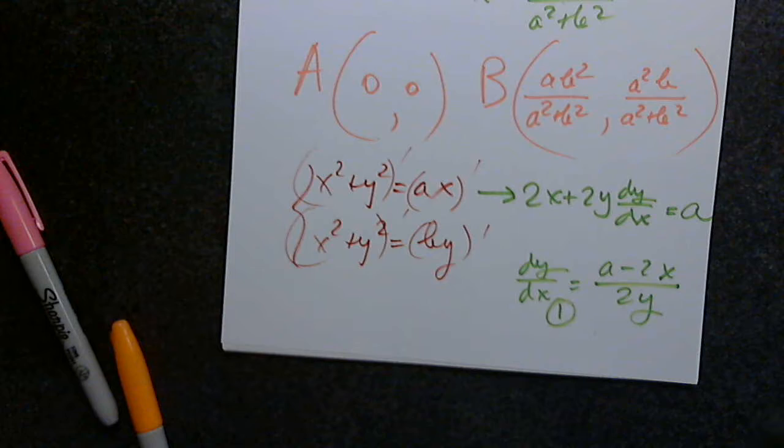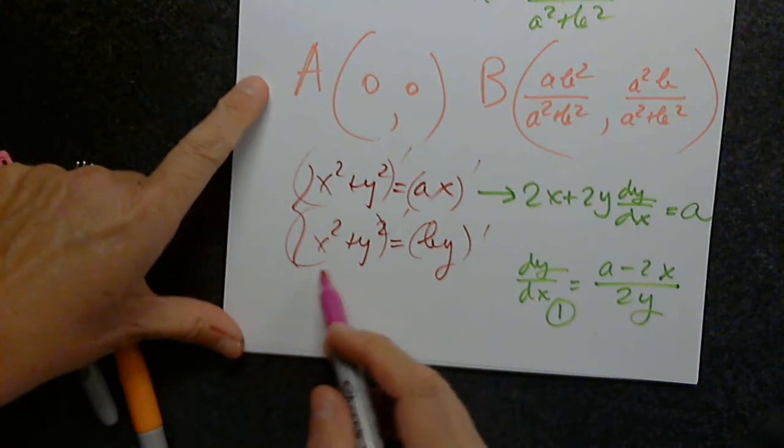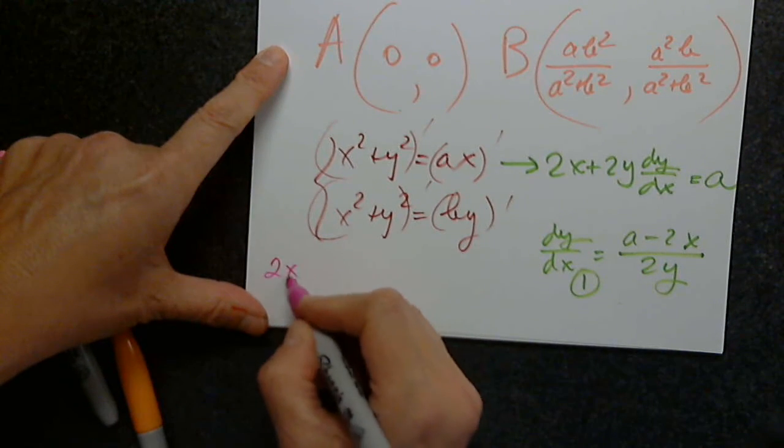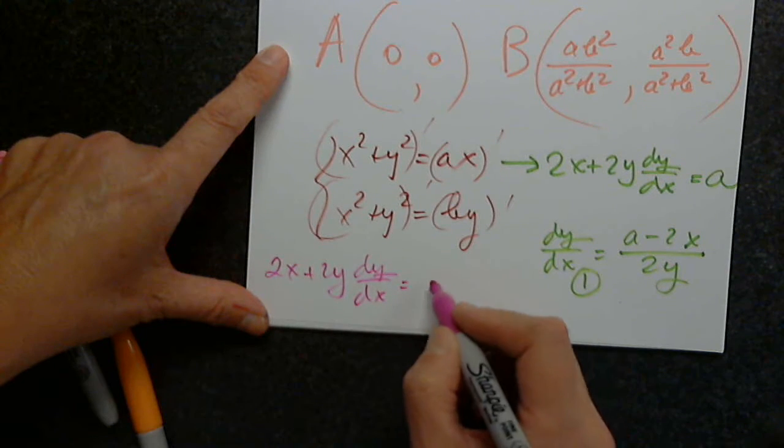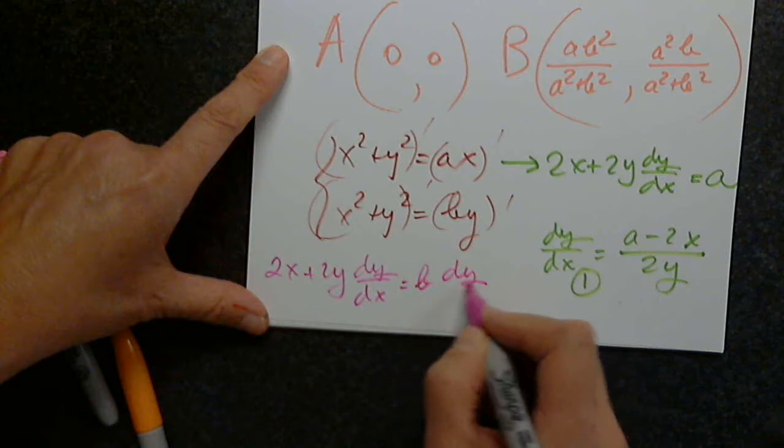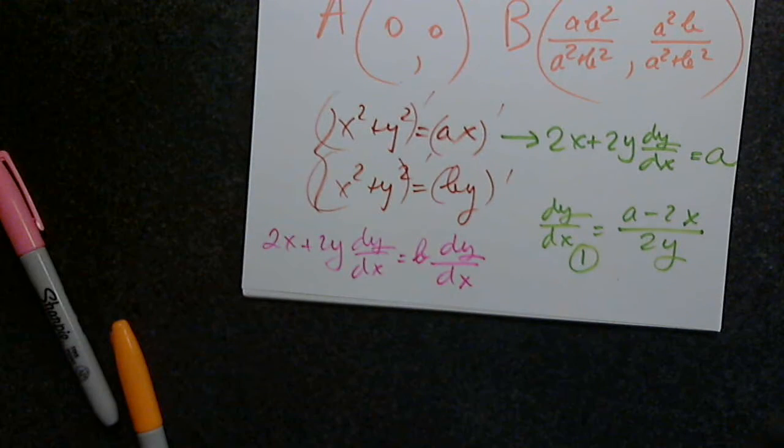Okay, now from the second one, 2x plus 2y dy over dx. Careful now. B dy over dx. Do we understand that? Because there is y on the other side. Are you okay with this?